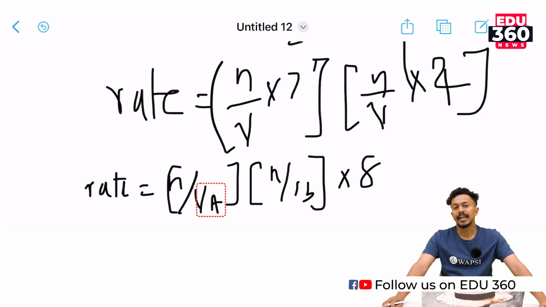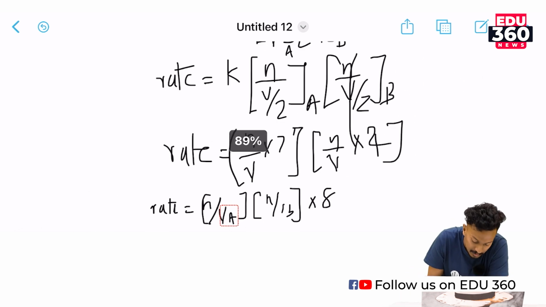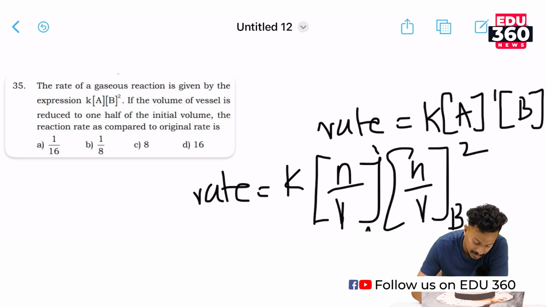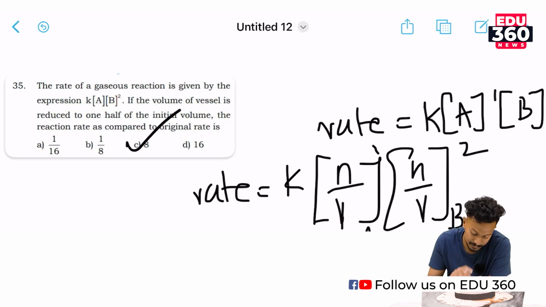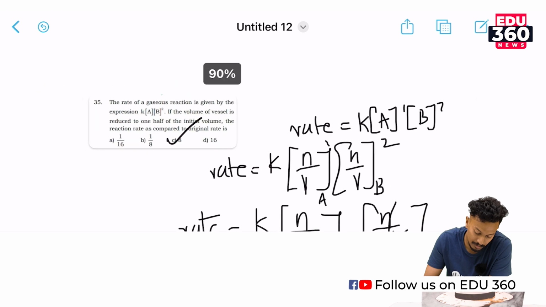So the new rate of the reaction is 8 times greater than the initial rate when the volume is halved. So the correct option would be option C, 8 times more than the initial rate of the gaseous reaction. Okay, we will move on to our next question.